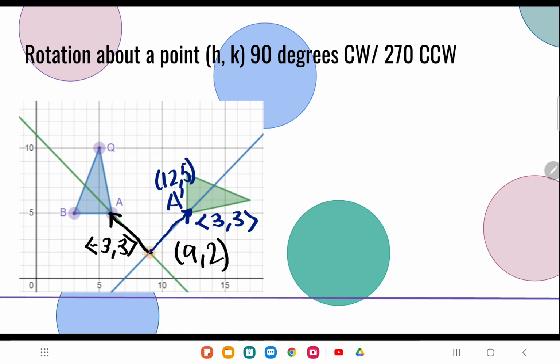We can do something similar with the other vertices. So for Q, I will have -4, 8. And then I will have 8, 4 for my new vector.